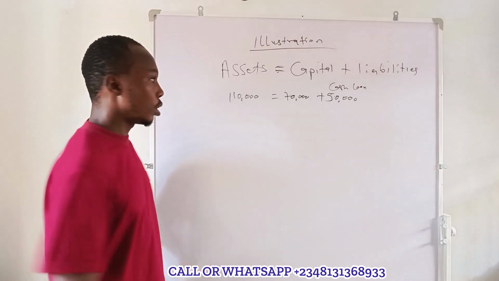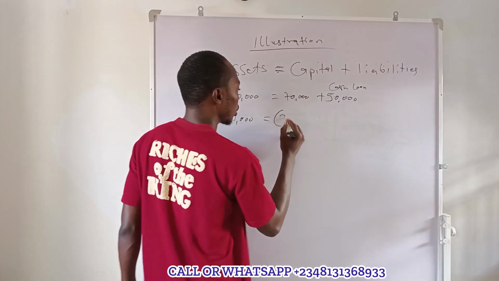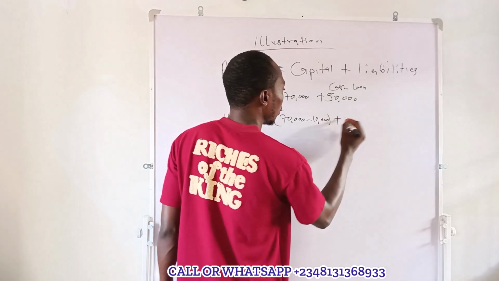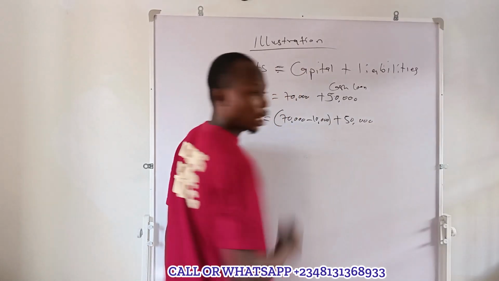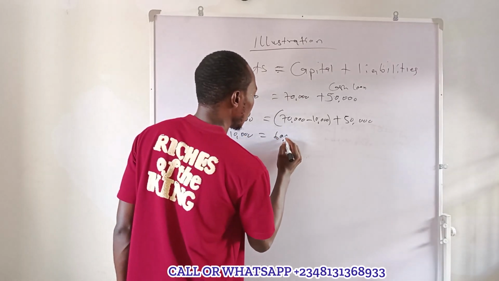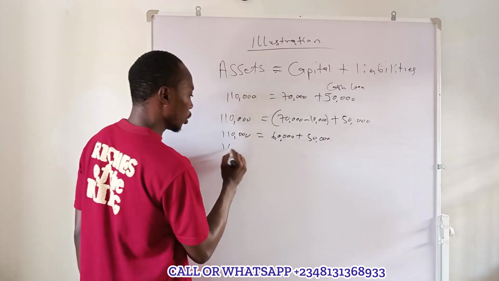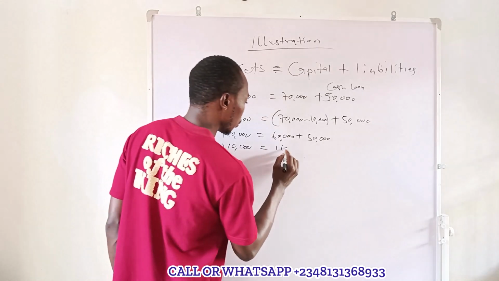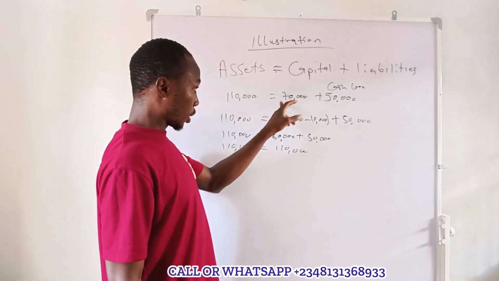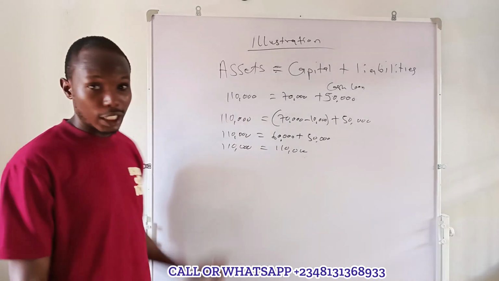So that minus 10,000 is supposed to come to this place. So 110,000 equals 70,000 minus 10,000 plus 50,000. So it's 110,000 equals 60,000 plus 50,000, which gives us 110,000 equals 110,000. So this is the reason why, otherwise, it would still be showing 70 and 50, which is 120,000. So it's supposed to be 110,000.